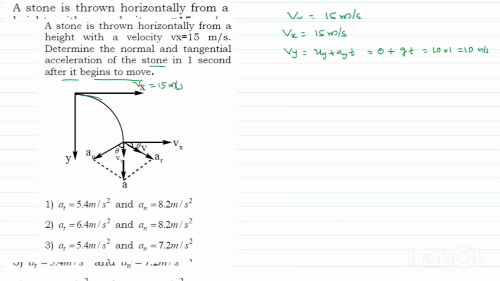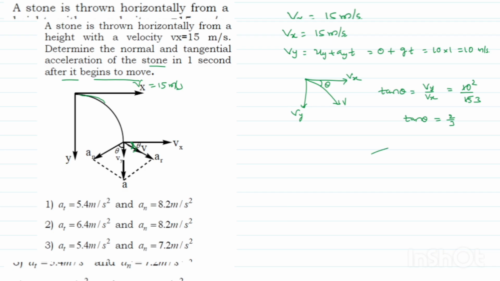Here it is going to be moving like this with a velocity V. When you resolve this, this is Vx and Vy, and it makes an angle theta with the horizontal. So tan theta equals Vy by Vx, which is 10 by 15, that is 2 by 3.